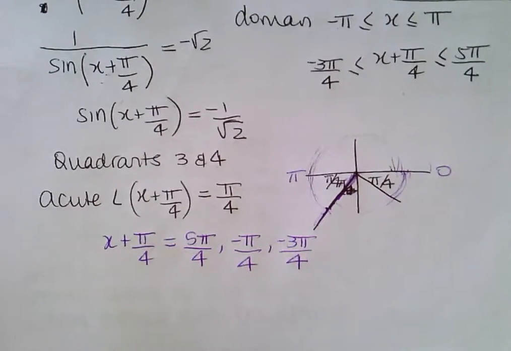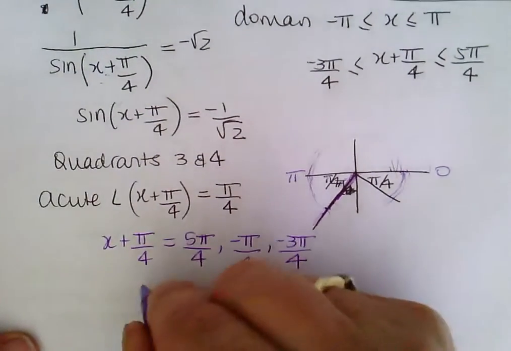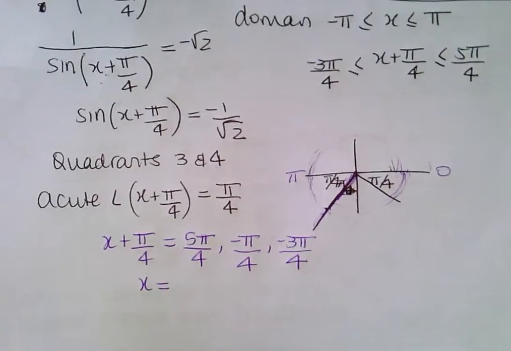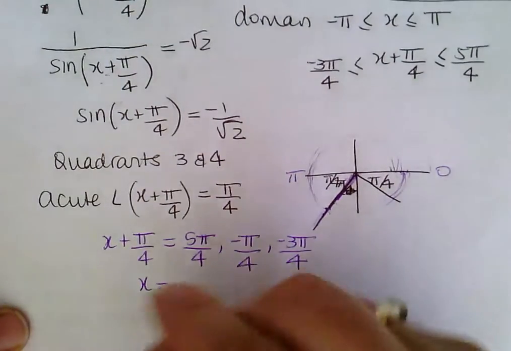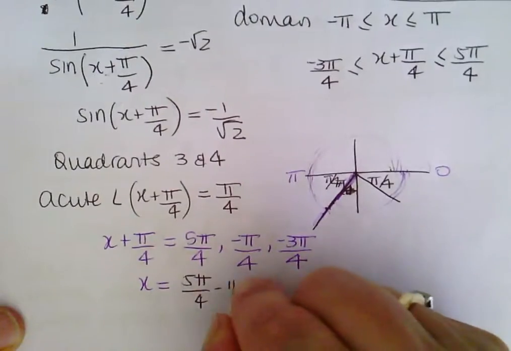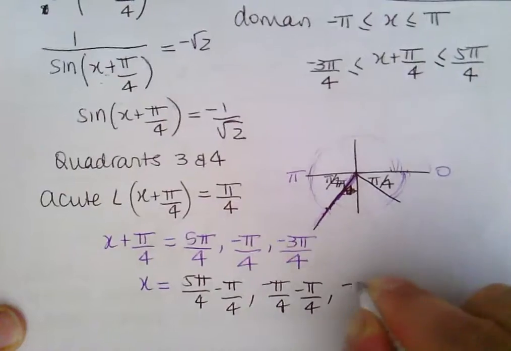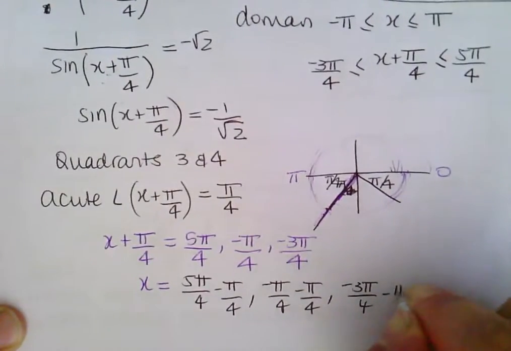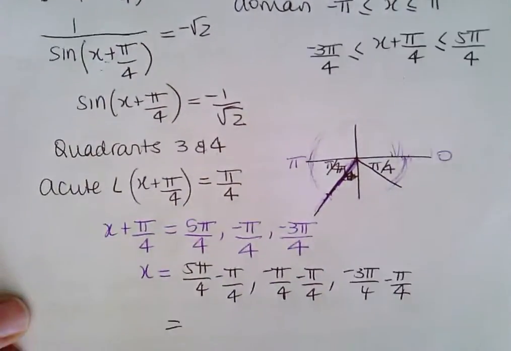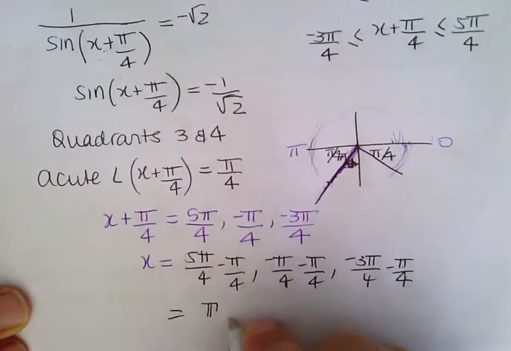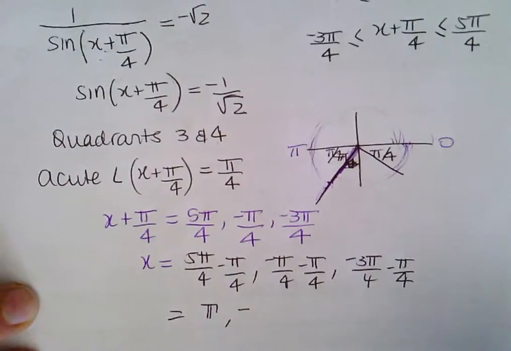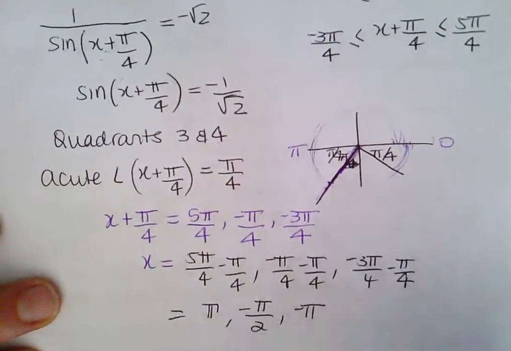So now what do I do? X is, subtract pi on 4, don't I? I need to get x on its own. Therefore, x is 5 pi on 4 minus pi on 4, -pi on 4 minus pi on 4, and -3 pi on 4 minus pi on 4, which is pi, -2 pi on 4, which is -pi on 2, and -pi.